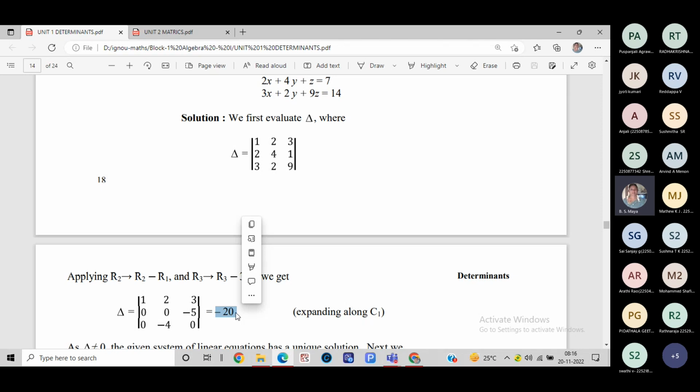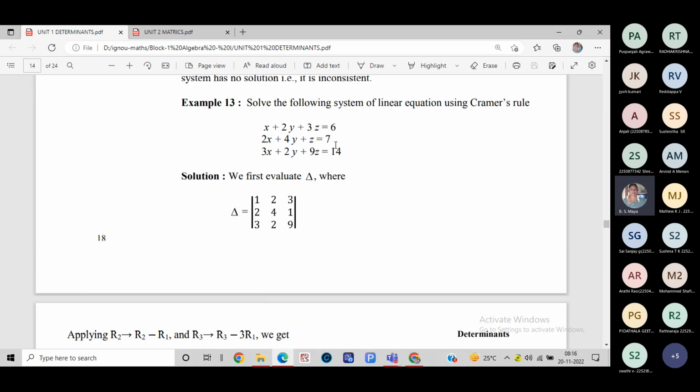Now I know only delta. Did we find delta x? No. Still we do not know the value of delta x. Then what is the formula to find delta x? Delta x is equal to, where am I replacing by the D values? 6, 7, 14.